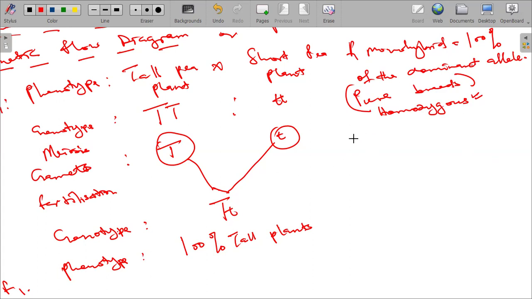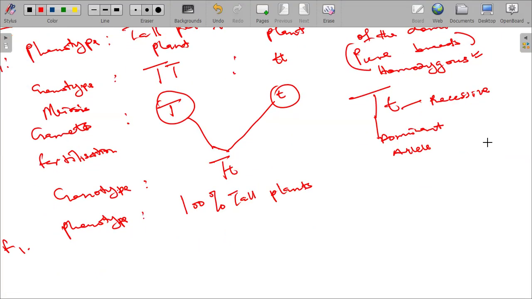I'm sure you still remember that we said this is called a dominant allele and that is called a recessive allele. So the dominant allele takes 100% of that.